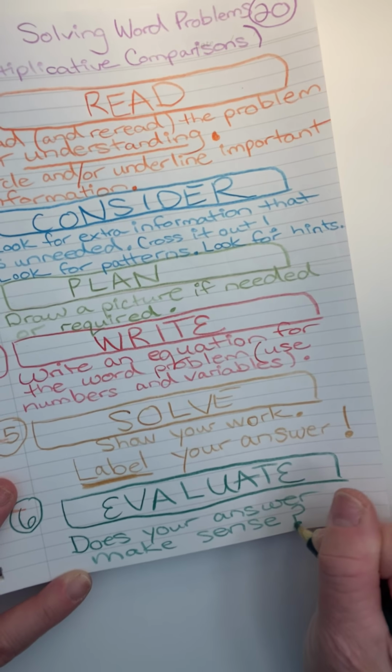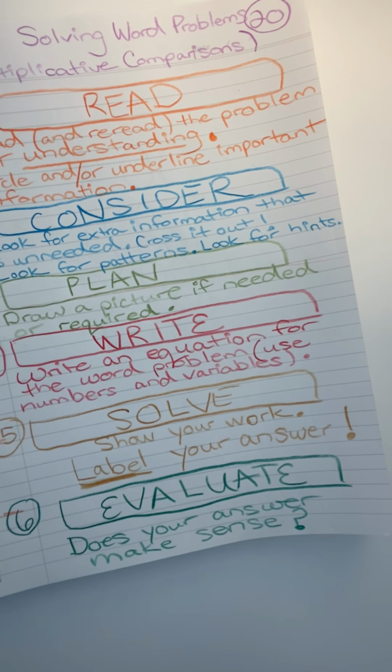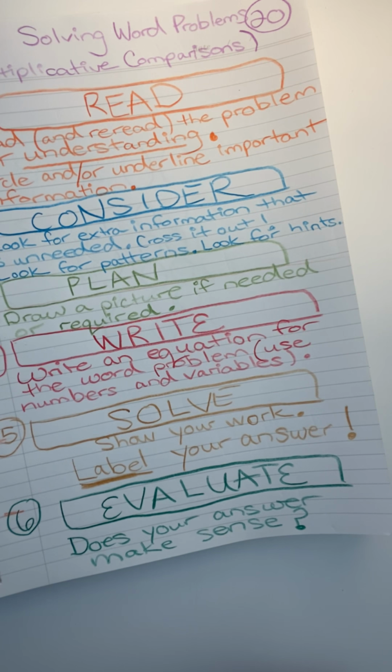So in the sample problem we used, where Soraya ran 4 laps and Sunny ran 5 times as many laps as Soraya, it wouldn't make sense if our answer was 2. Where did we get that? If Sunny ran more than Soraya, obviously the number is going to have to be greater than the number of laps that Soraya ran.